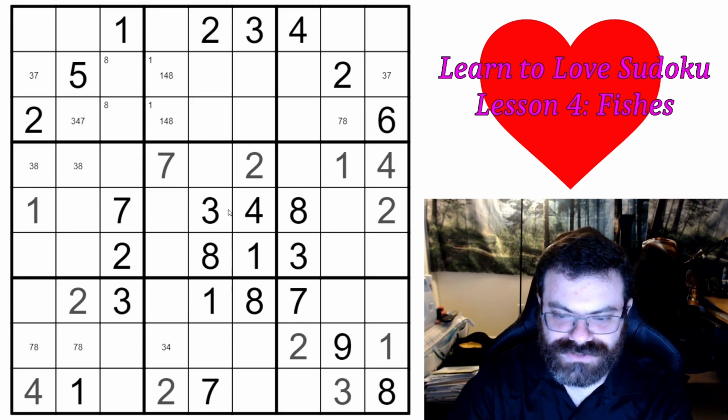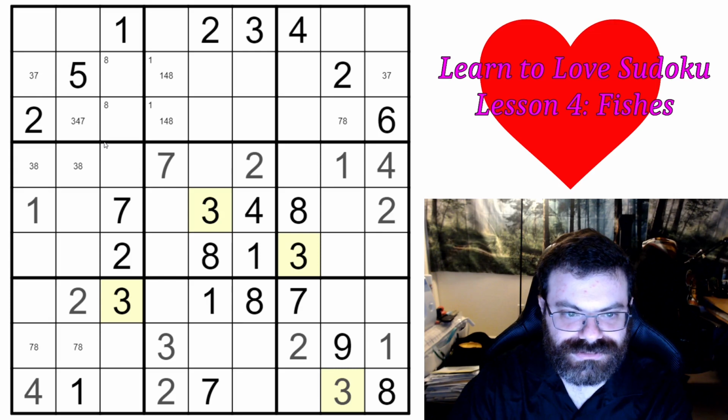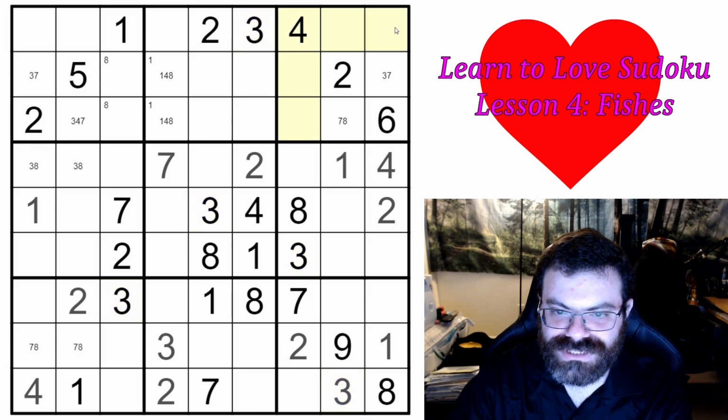What was I looking at? I think I was only on 2s. Let's look at 3s. 3s look down into here. This is a hidden 3. I have a lot of 3s already. Okay, these 3s look up into here, and I've marked this as can't be 3. Ah, yeah, we have another 3 here.